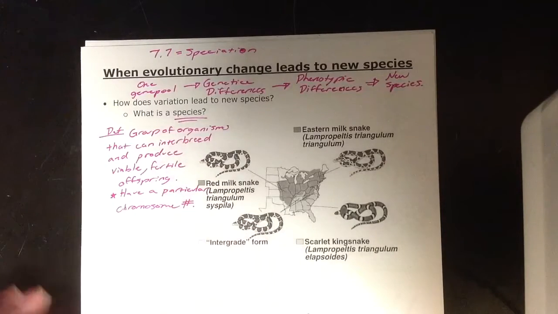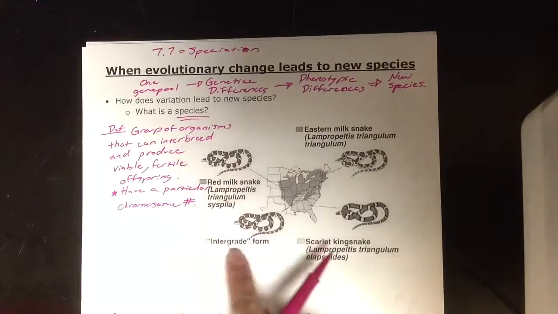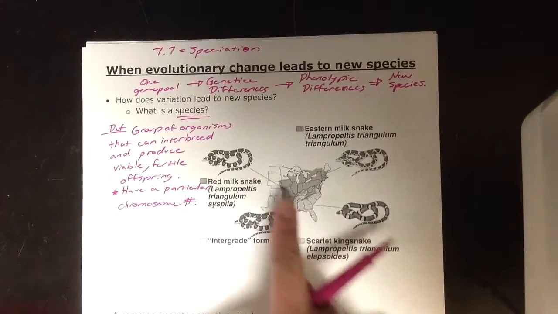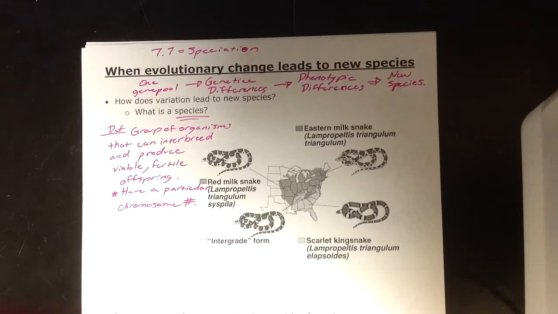So we're going to look at a lot of different mechanisms for speciation, for a new species to have evolved from an ancestral species. And what you're seeing in this first image is 4 different types of snakes. These 4 snakes live in different areas along the eastern side of the United States.